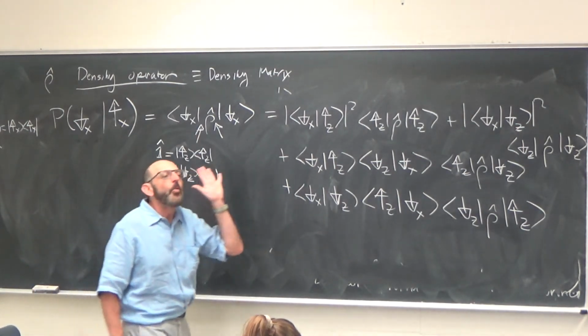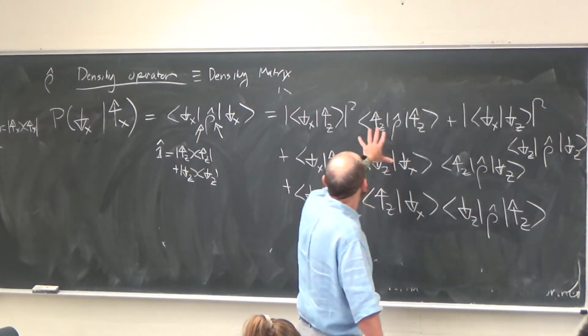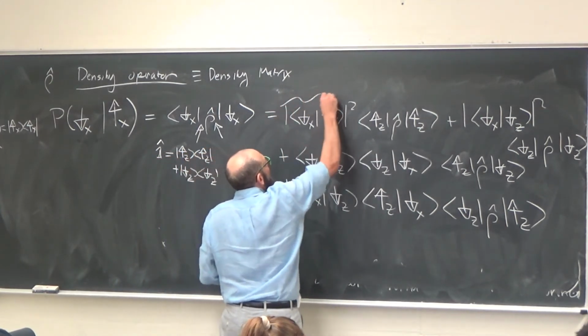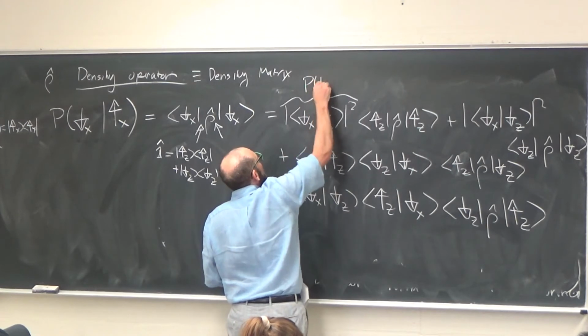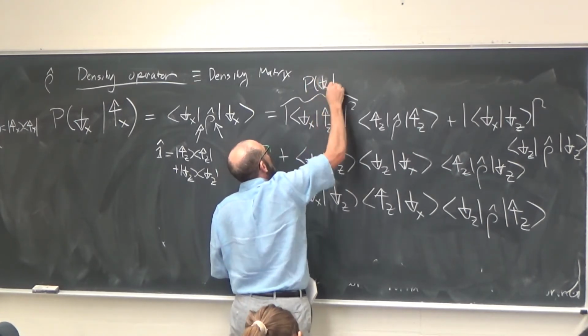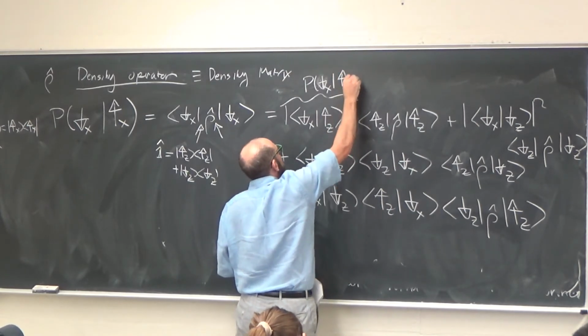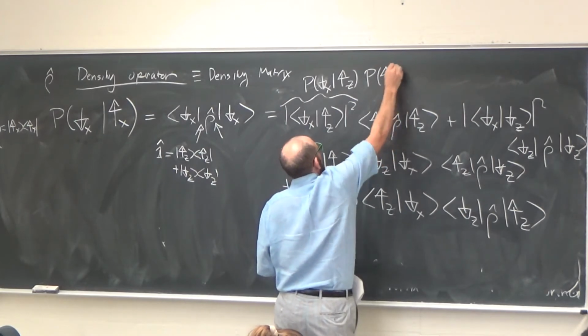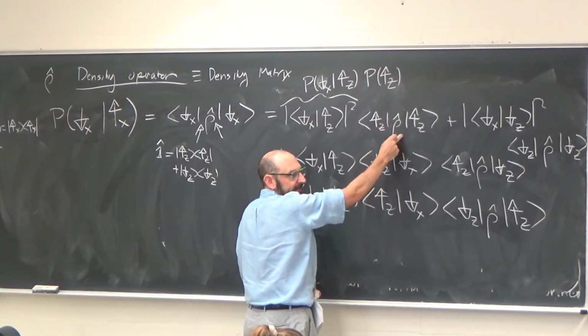Now, what's the point? Let's look at what I have in here. This we understand as the probability of finding down along X given that the state was up along Z. And this is the probability that the state actually was up along Z, right?